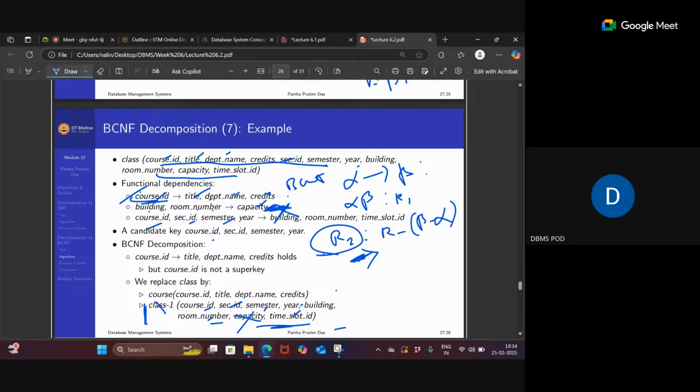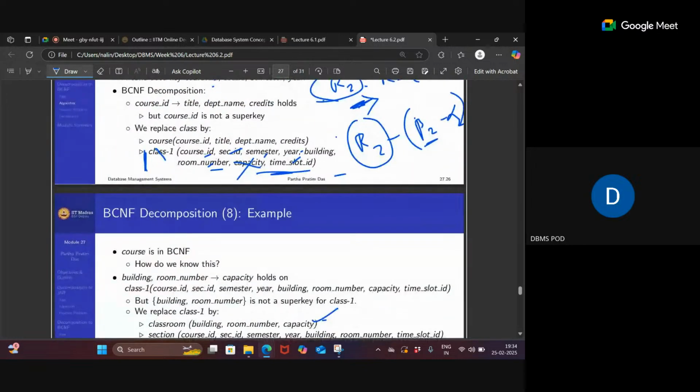That dependency we decompose into one relation, and the other relation can be R2 minus whatever is violating, let us say beta 2, minus alpha. So we'll get R2 minus beta 2, and in the other table we will get the other attributes other than beta 2. Okay, understood or not?